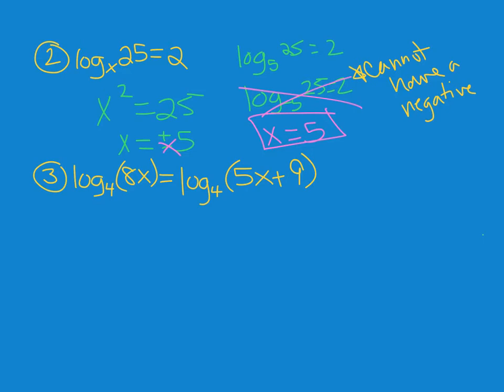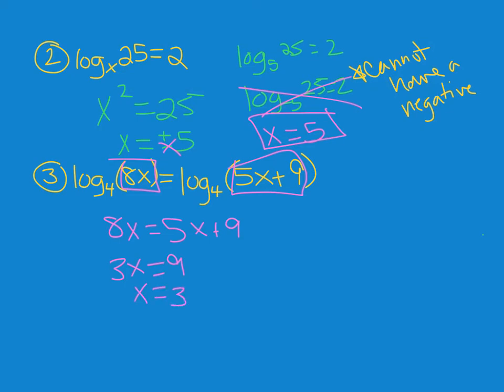For number 3, you are going to set the insides of those two logarithms equal to each other. You really don't have to do a lot of work. So we just get 8x is equal to 5x plus 9. That gives you 3x is equal to 9, or x equals 3. This one, once again, please check your answer.